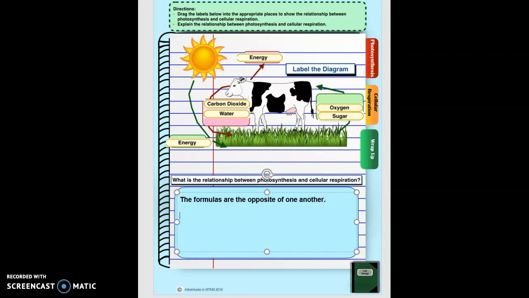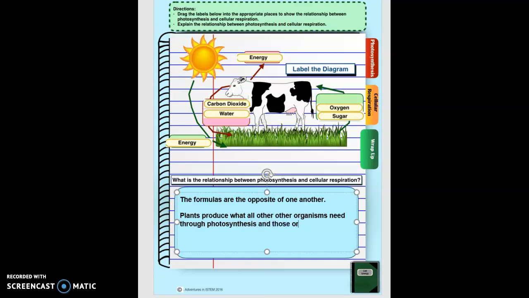And so what this means is that plants produce what all other organisms, including themselves, need, through photosynthesis.